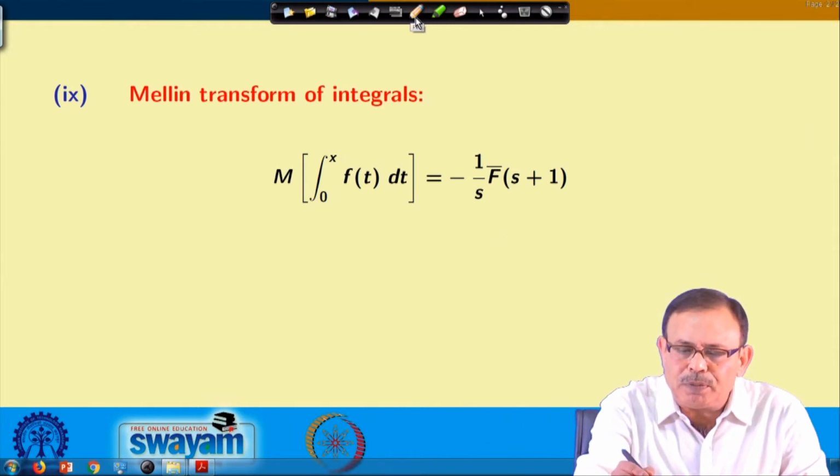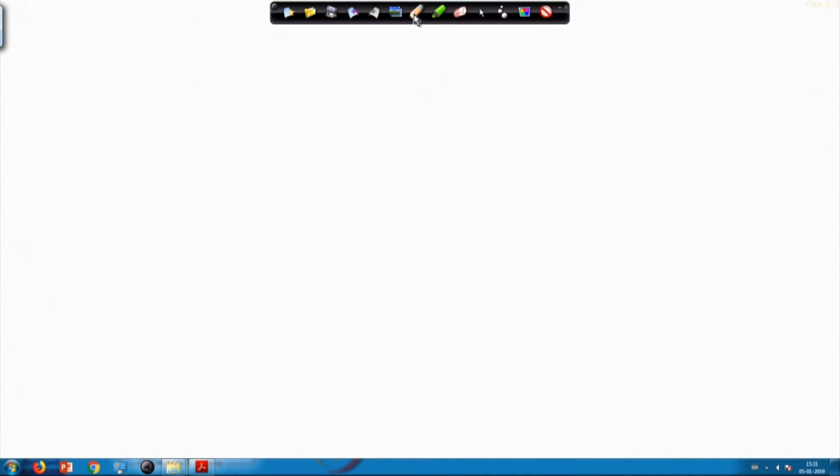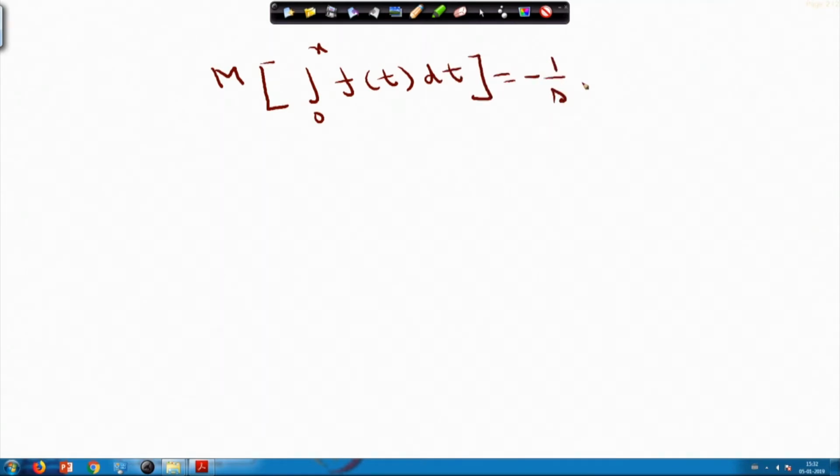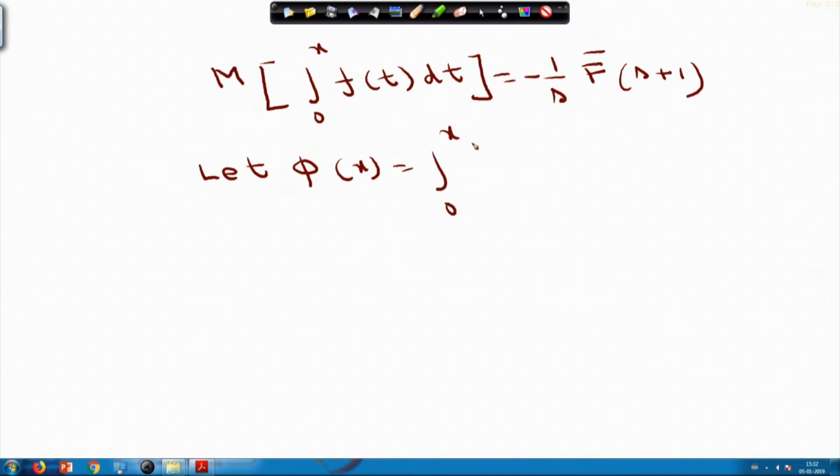To give the proof of this, we have to prove the Mellin transform of the integral from 0 to x of f(t) dt is equal to minus 1 by s into f bar of s plus 1. To prove this, let us start with phi(x) equals the integral from 0 to x of f(t) dt.